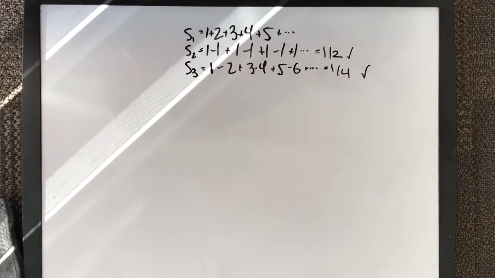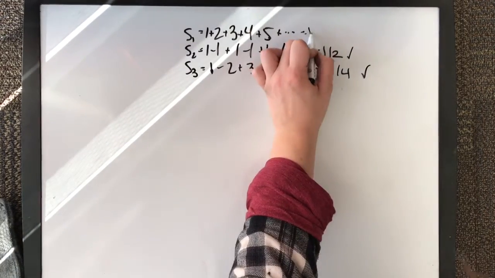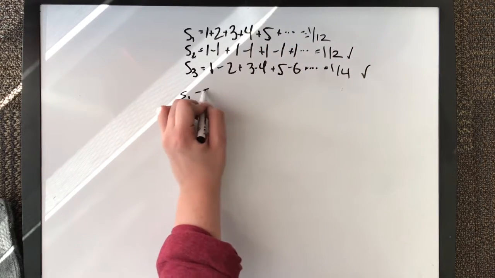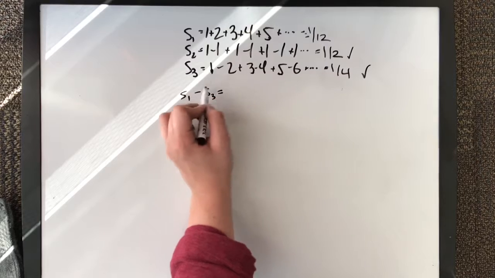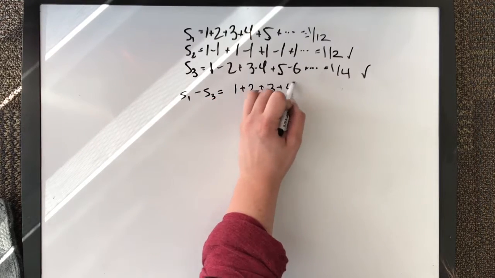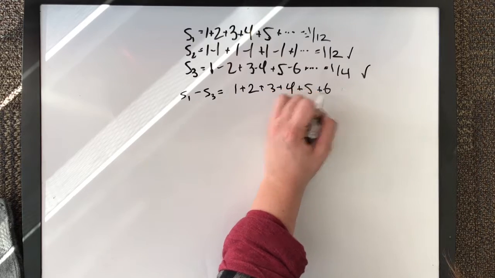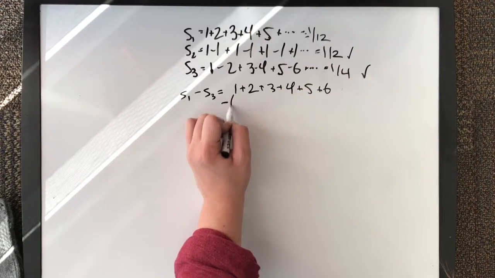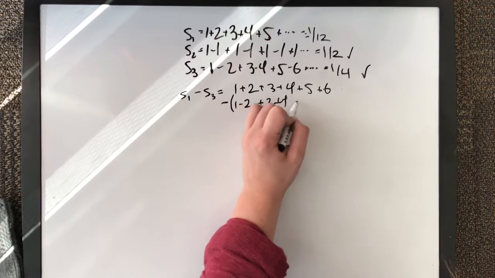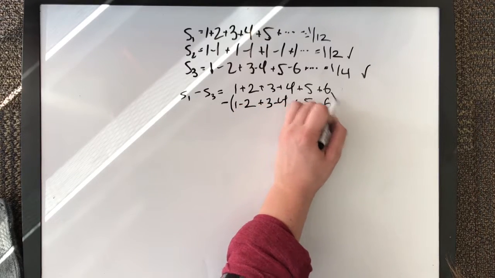So the very last thing we have to do to prove that series 1 is equal to negative 1/12 is subtract series 3 from series 1. So when we do that, we have 1 plus 2 plus 3 plus 4 plus 5 on the top, and we're subtracting 1 minus 2 plus 3 minus 4 plus 5 minus 6 on the bottom.